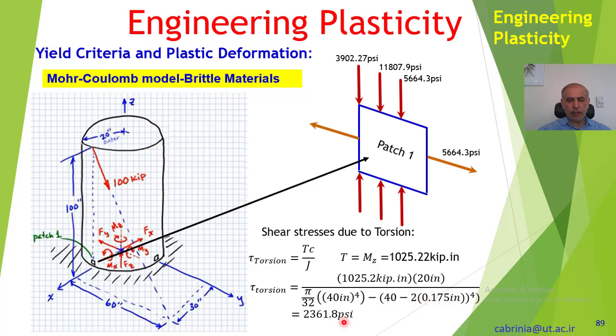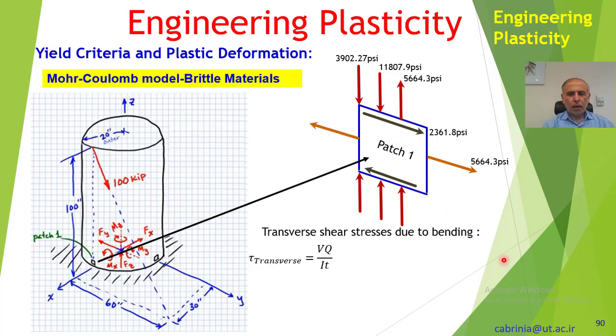For the cylinder, J has a standard formula, and obviously here we have substituted Mz for T, and c is equal to the radius, so we get 2361.8 psi as the shear stress, and so we have put the shear stresses here. So far these are the stresses acting on the patch.